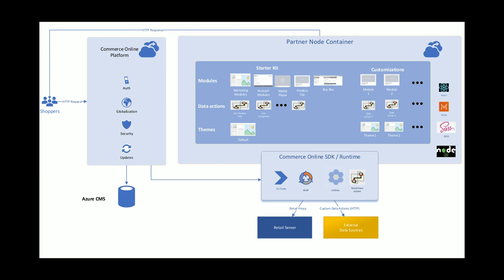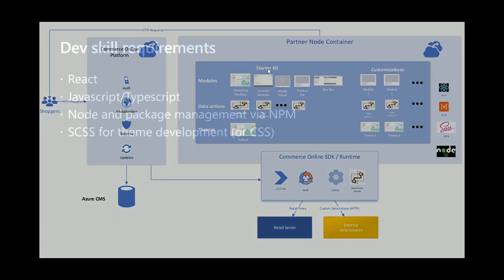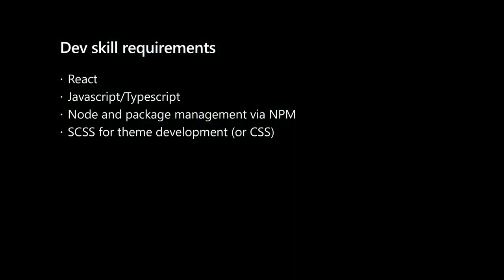You can also extend and create your own modules and your own data actions to call any third-party services that you want. So that's what the right-hand side shows over here, the customizations. So you can add your own modules, data actions, and then the last thing I haven't mentioned yet is you can also upload your own themes. So I'll show you how our starter kit has a Fabrikam theme that you can use to get started.